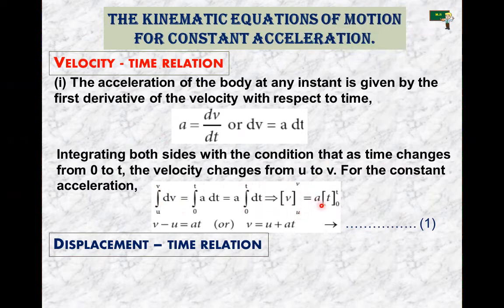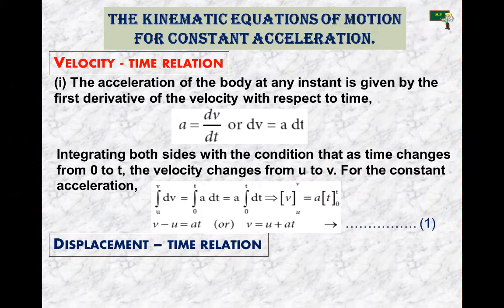So v minus u is equal to a into t, because t goes only from 0 to t. Or we can write v is equal to u plus at. This is equation number 1 of the kinematic equations of motion.